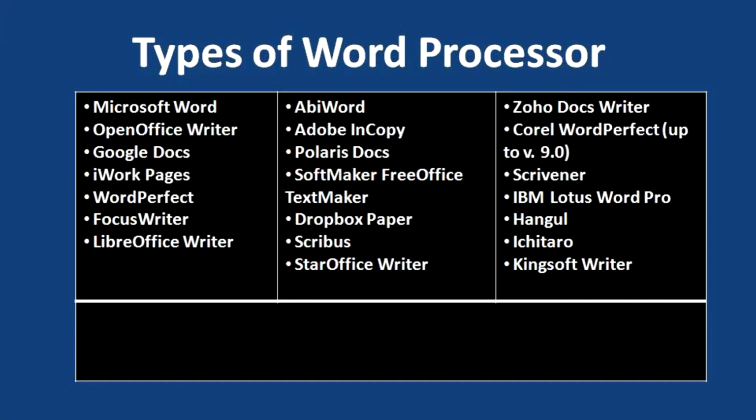There are different types of word processor, to name a few: MS Word, that is Microsoft Word, OpenOffice Writer, Google Docs, iWork Pages, WordPerfect, FocusWriter, LibreOffice Writer and so on. We have so many word processors, and out of all these, MS Word is considered the best one because it is the most widely used software in the world.